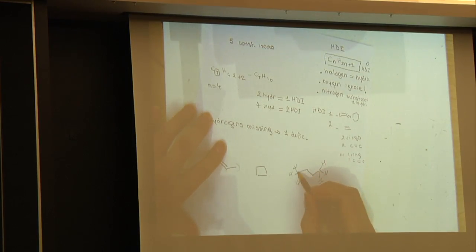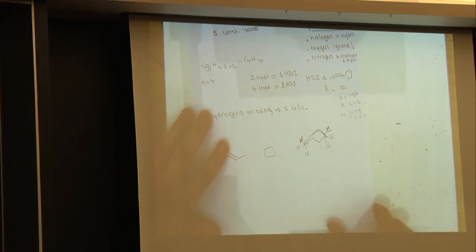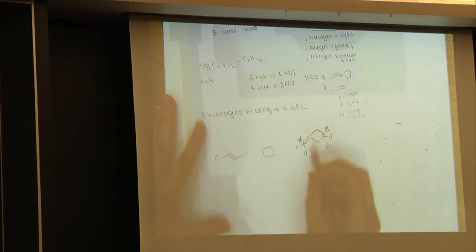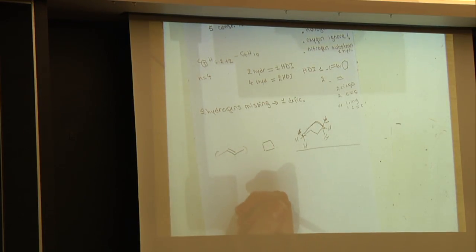So if I want to make a bond between this carbon and this carbon here, now I'm breaking the octet rule, so I need to get rid of 2 hydrogens, right? All right, cool. Sorry about my drawing, it looks terrible. All right, so this is how we calculate the HDI.